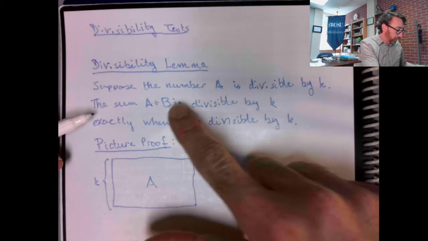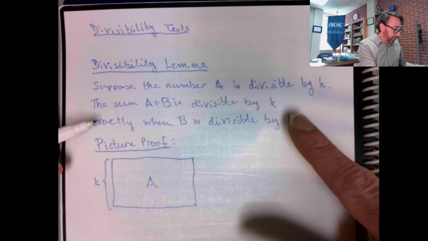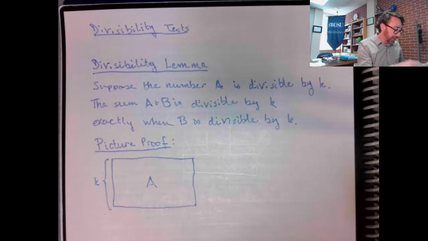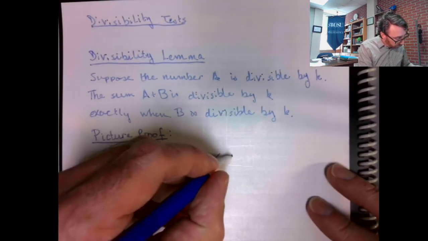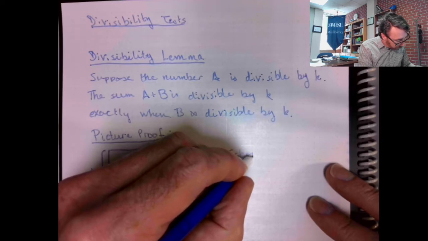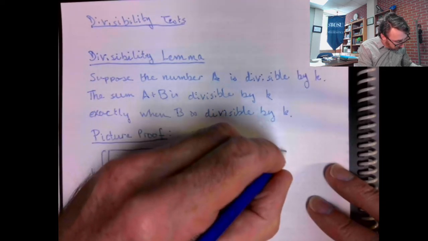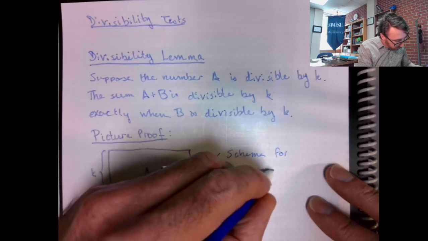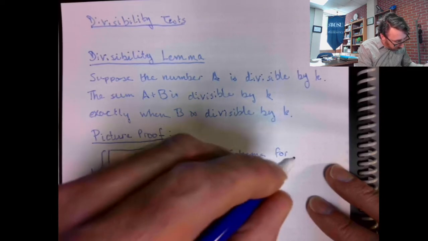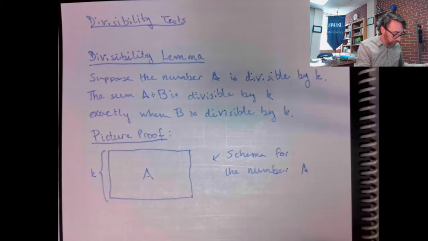It says the sum a plus b is divisible by k exactly when b is divisible by k. So this is the scheme for the number a being divisible by k.